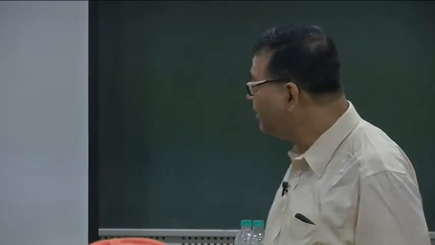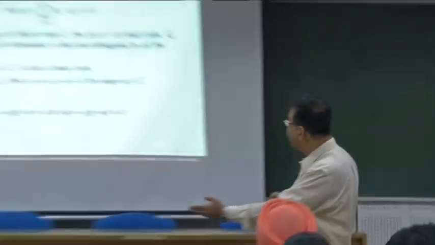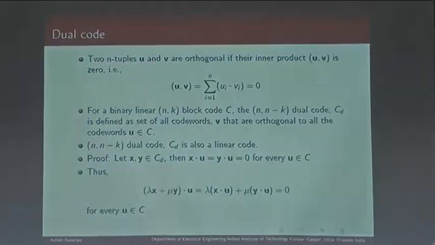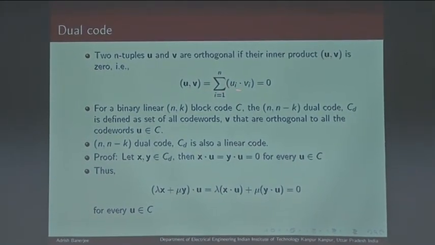Now, there is a theorem which relates the weight distribution of the original code with the weight distribution of the dual code, MacWilliams' identity. So if I ask you to find the weight distribution of the original code, and k is very close to n, you can instead find the weight distribution of the dual code and use MacWilliams' identity to find the weight distribution of the original code.